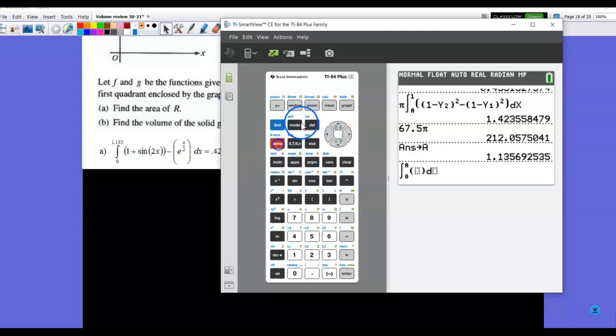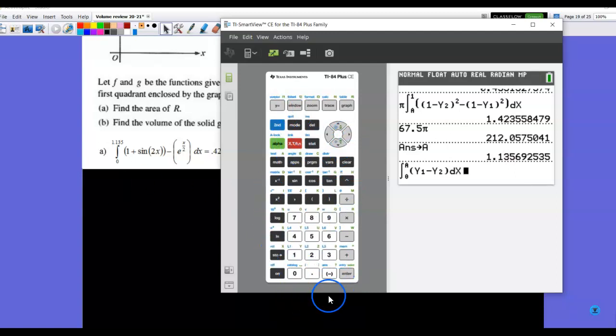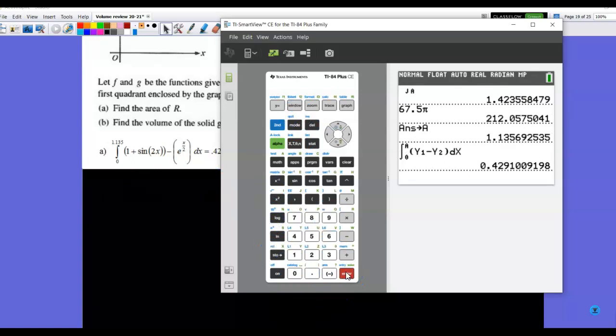I'm going to use my shortcut of y1 minus y2, top minus bottom. This makes it so much easier. We are in terms of x, and there's no pi. Enter.